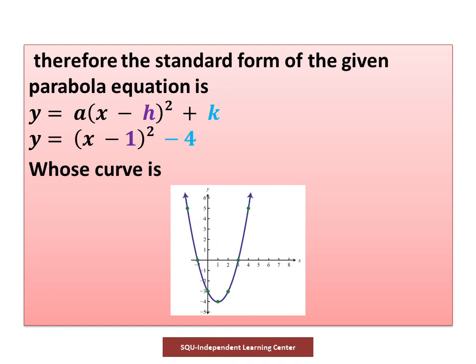We have y equals x minus 1 all squared minus 4. As we know, the x minus 1 all squared gives us a horizontal shift to the right hand side by 1 unit. The minus 4 gives us a vertical shift downwards by 4 points. So that's why we have the graph as we see it in front of us, shifted 1 unit to the right and 4 units downwards.